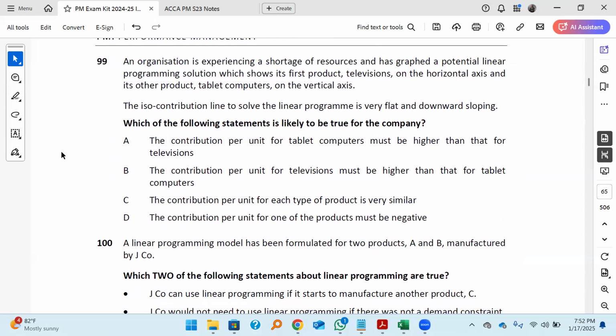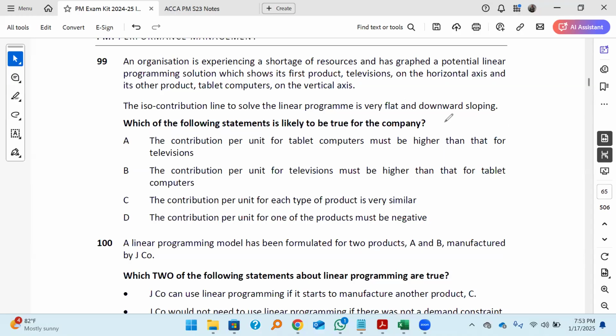Then we go to this one. An organization is experiencing a shortage of resources and has graphed a potential linear programming solution, which shows its first product, televisions, on the horizontal axis, and the other product, the tablets, on the vertical. And this ISO contribution line to solve the linear programming is very flat and downward sloping.